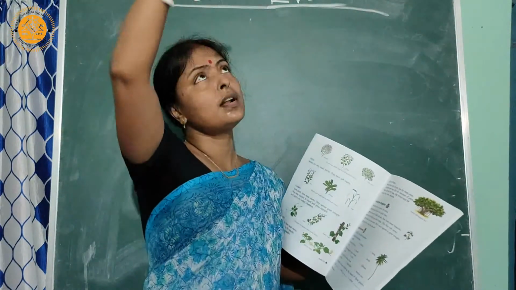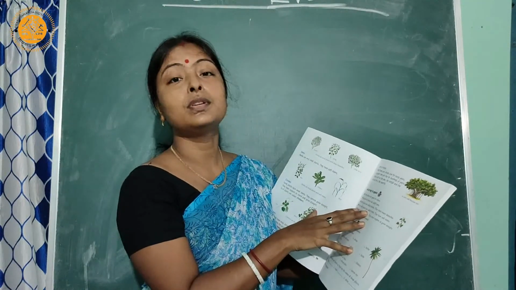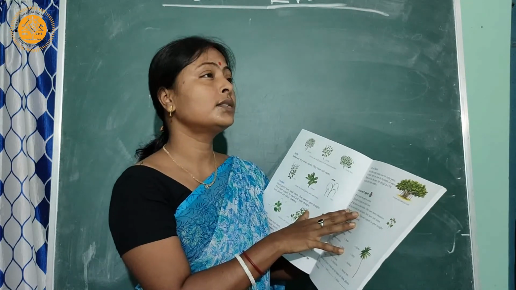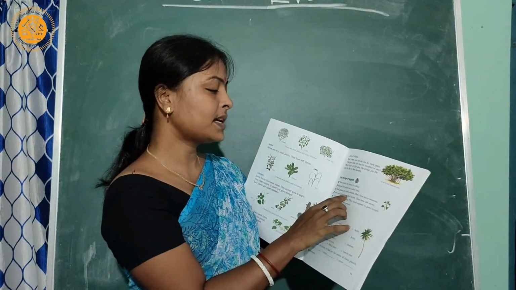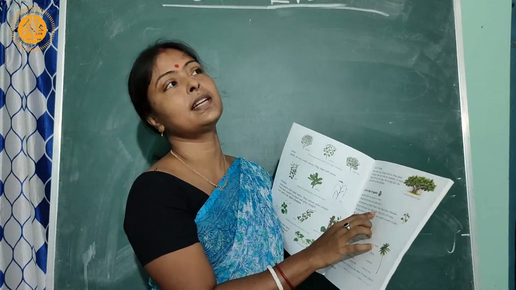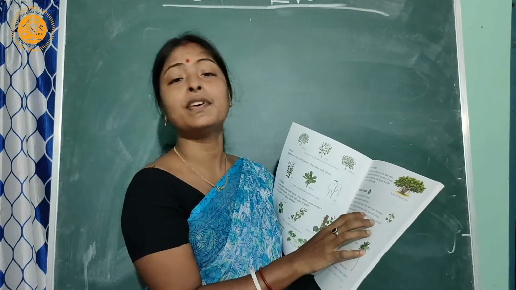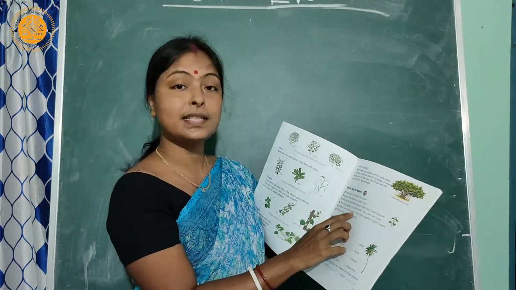Up to taller than me, like rose, China rose, and tulsi are called shrubs. Very small plants are called herbs. Herb plants are like coriander, mint. Example already I have given. They have very soft stems. Climbers have weak stems.